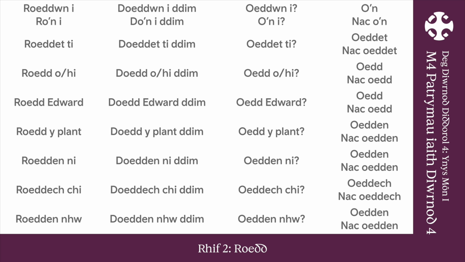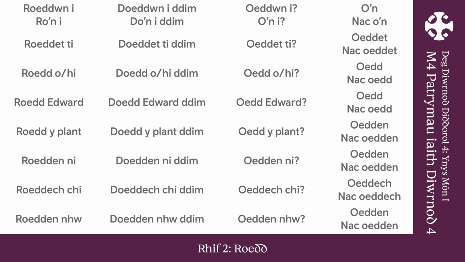Oeddet ti? Oeddet. Nac oeddet. Roedd o. Roedd hi. Doedd o ddim. Doedd hi ddim. Oedd o? Oedd hi? Oedd. Nac oedd.